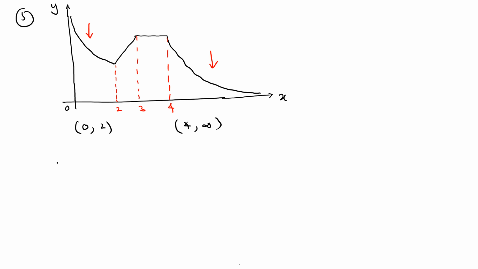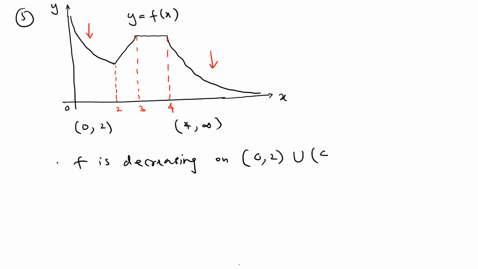If you call y equals f(x) again, f is decreasing on, so there are two intervals again, 0 to 2 union 4 to infinity.